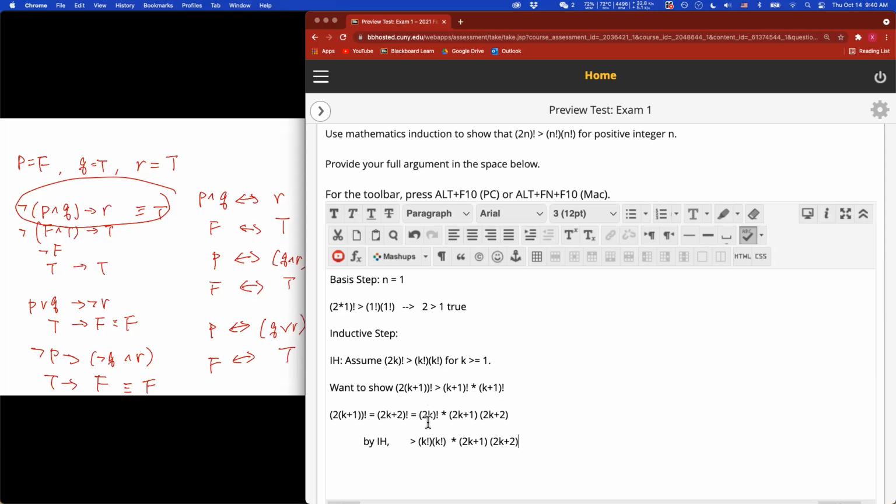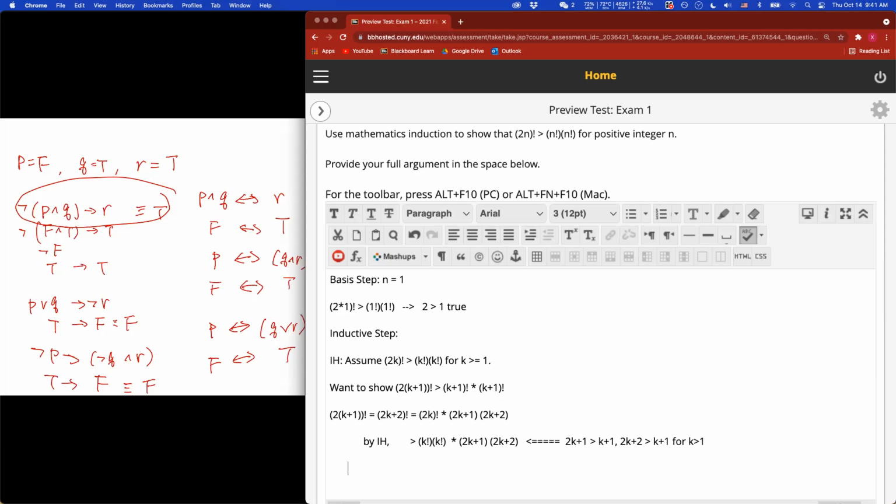Right, since 2k factorial is greater than k factorial times k factorial, that's from the inductive hypothesis. Now, if we look at it, we know that 2k plus 1 is greater than k plus 1. 2k plus 2 is also greater than k plus 1 for k greater than 1.